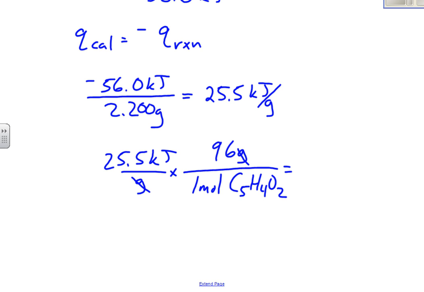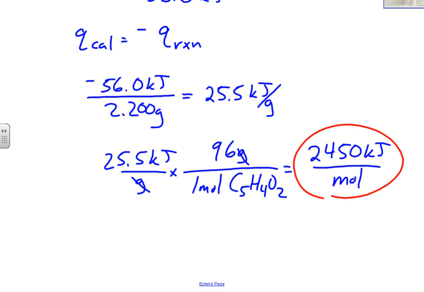So we'd end up with 2,450 kilojoules per mole. So this would be our energy per mole for the combustion and energy per gram for the combustion.